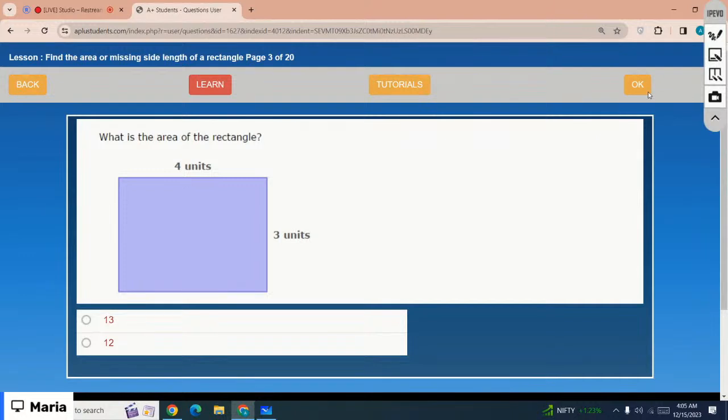Okay, the next one: what is the area of the rectangle? Which is the correct option? The correct option is 4 times 3. Very good. That is 12.